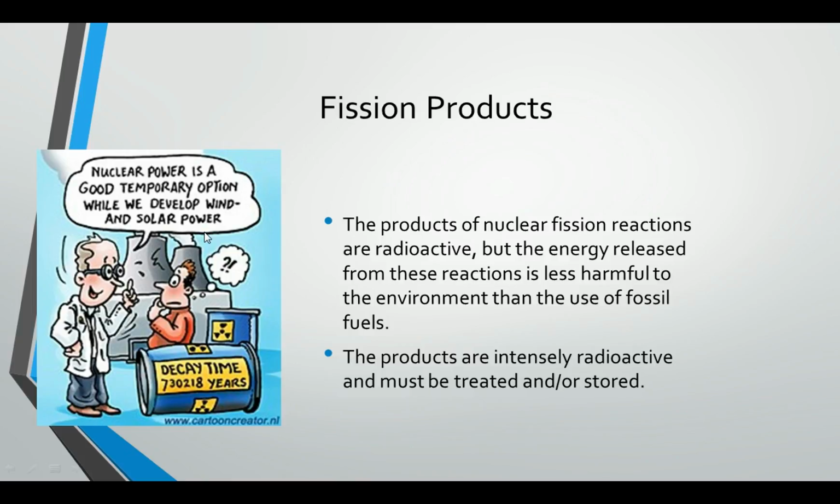This is kind of a comic: nuclear power is a good temporary option while we develop wind and solar power. Which is kind of true, I would say. We're starting to shift more towards it. But the National Science Foundation just released an article, a journal paper, saying that the solar farms in California are more detrimental to the environment than nuclear power plants because of site locations and decreasing biodiversity, things like that.